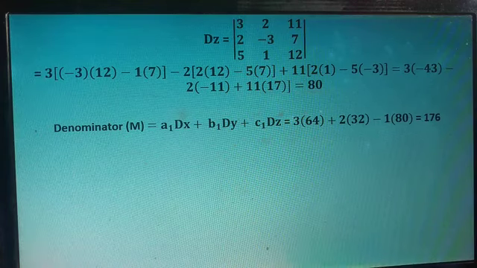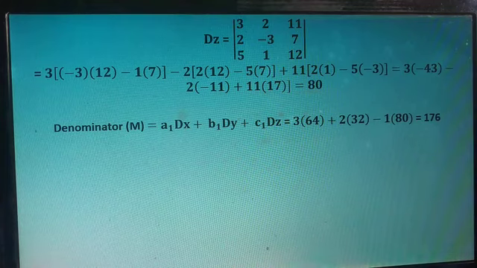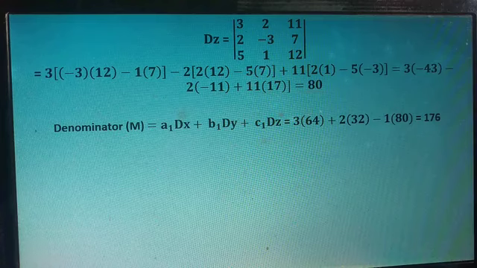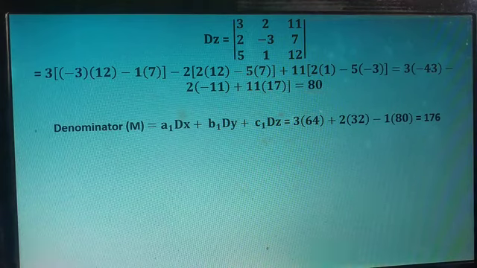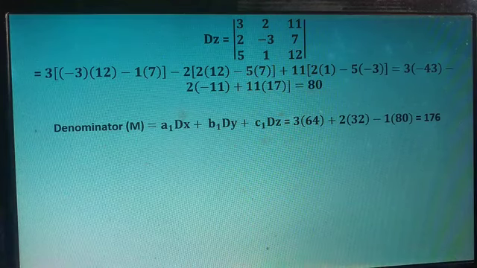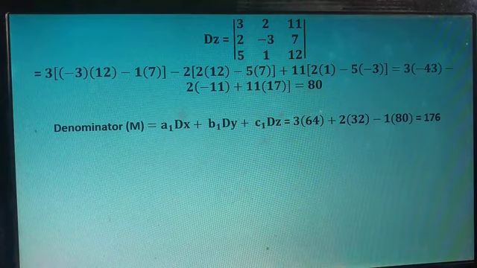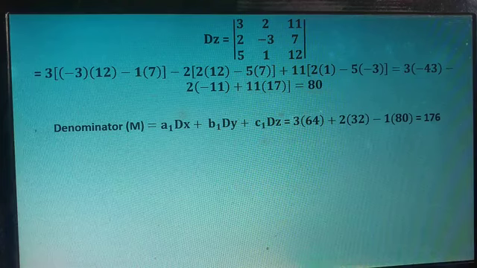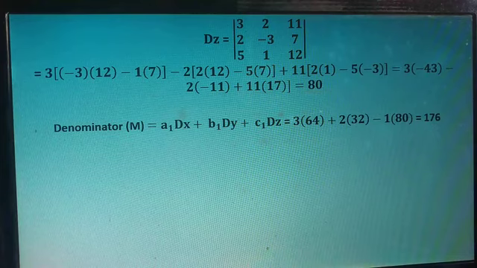And how do we find this denominator? We can either use the first equation, or the second equation, or the third equation. We are going to collect the coefficients of those equations. Whichever equation you use, you collect the coefficients, and you multiply those coefficients with the corresponding determinants.